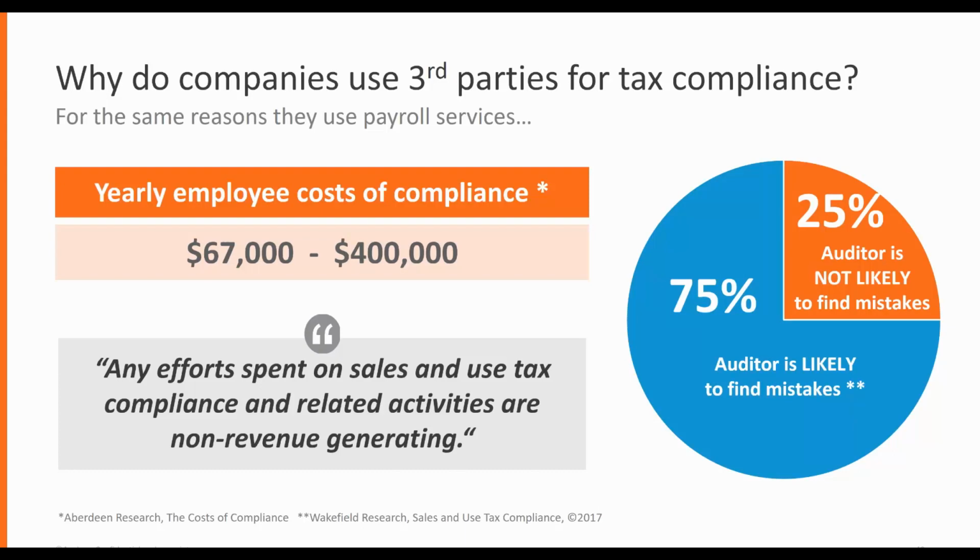This is an average from Aberdeen Research and Wakefield Research: a lot of companies are spending between around $70,000 to $400,000 a year on compliance, whether that's one person in the back managing all this, or a whole team of people. And a lot of times there are still mistakes. This is not a foolproof plan, having a team of people do it, because of all the changes as we went over.